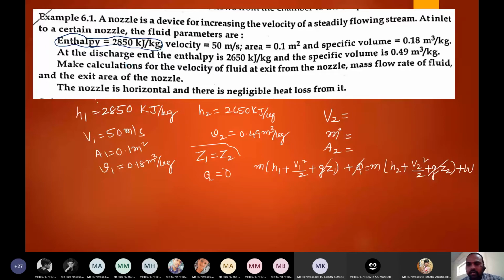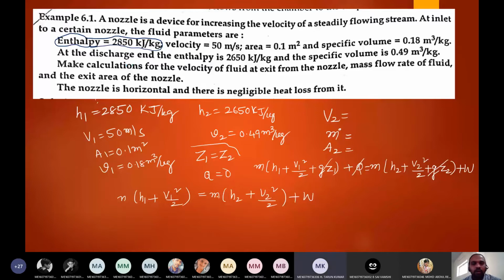In the absence of this, the equation is reduced to M into H1 plus V1 square by 2 is equal to M into H2 plus V2 square by 2 plus W.